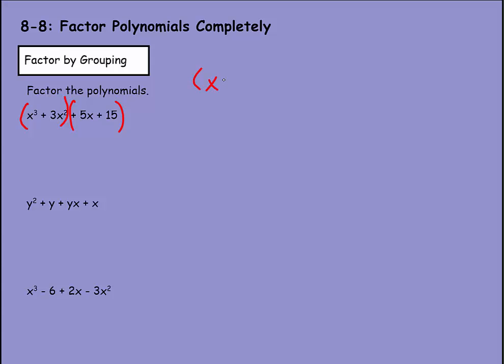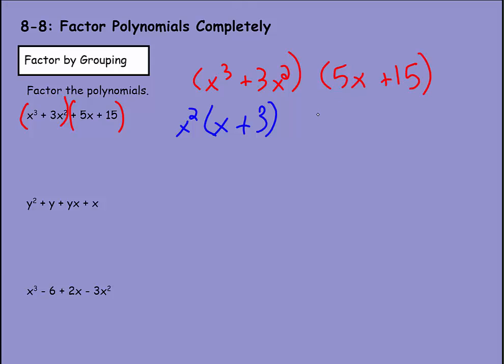So we have x to the third plus 3x squared. I could factor x squared out of here, and that would leave me with x plus 3. I also have 5x plus 15. I can factor a 5 out of here, so this is a positive 5, and that would leave me with x plus 3.